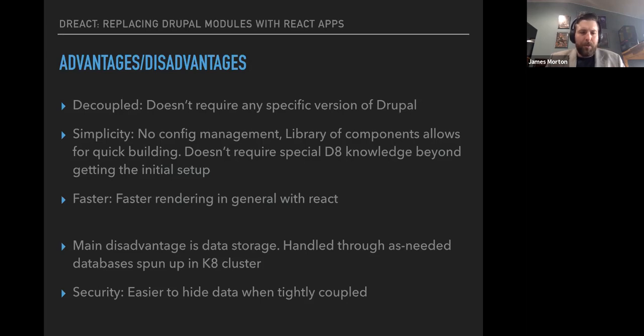So being able to lock down stuff is fairly straightforward as long as it's integrated. It's a little less so when you have these decoupled ones. You have to get into using JavaScript authentication libraries and so on. But again, most of them don't need that. So we weighed these disadvantages and decided this was the way to go with it.